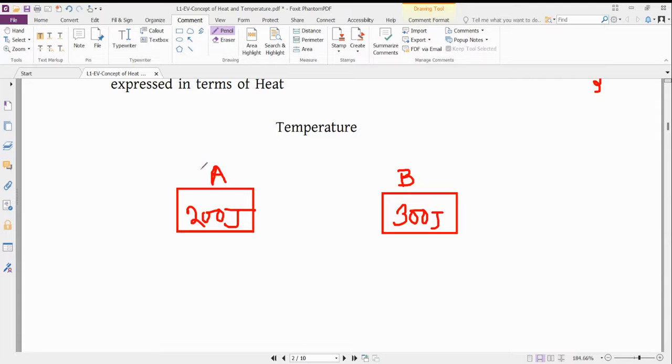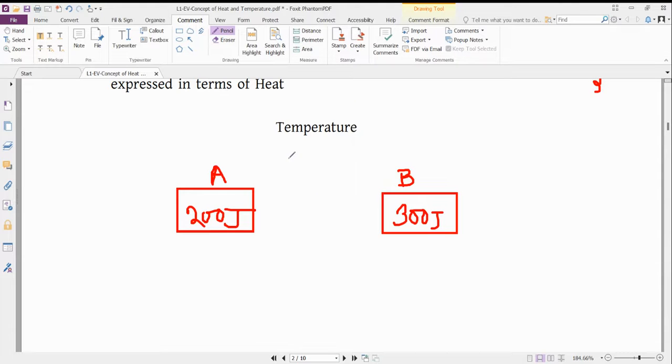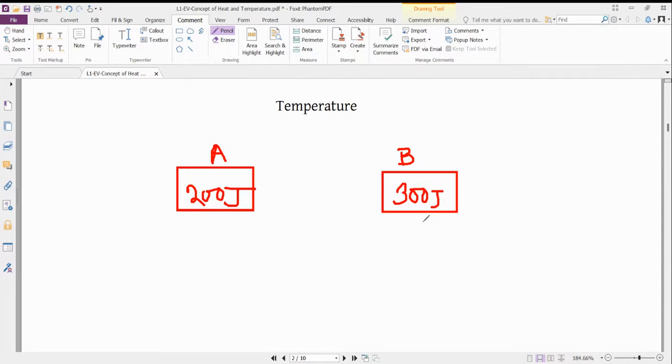That means to increase the temperature of this body by a certain amount, we supplied 200 joule of heat energy, and to increase the temperature of this body we supplied 300 joule. But we have no other information except this, that is, 200 joule and 300 joule.